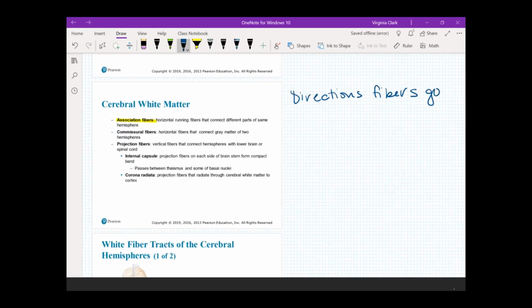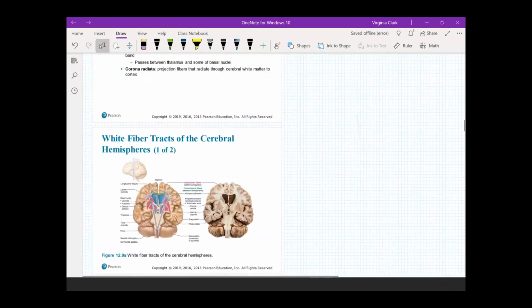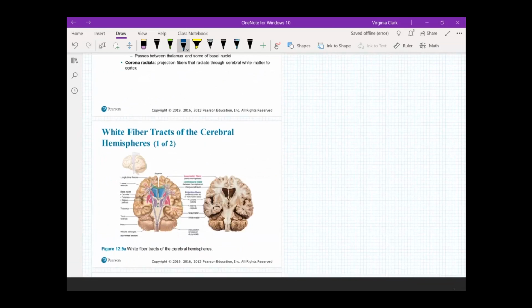They can either go same hemisphere, just going to different parts. This is the association. So if we come down here, our association fibers are this guy. It's here, and then it's connecting to here, and then it can connect here and connect here. So that is the same hemisphere. All of that is happening on the left side.